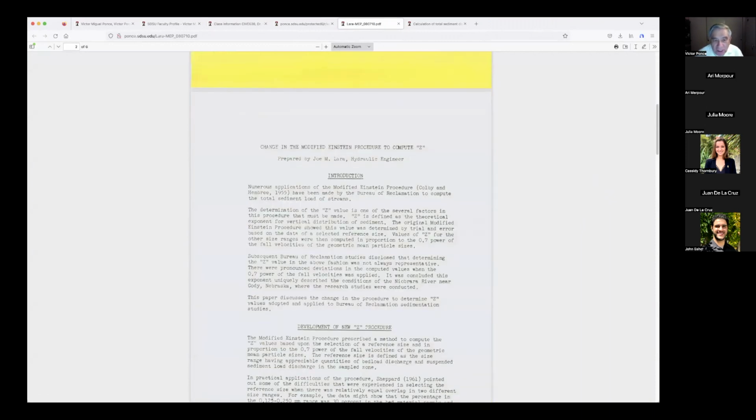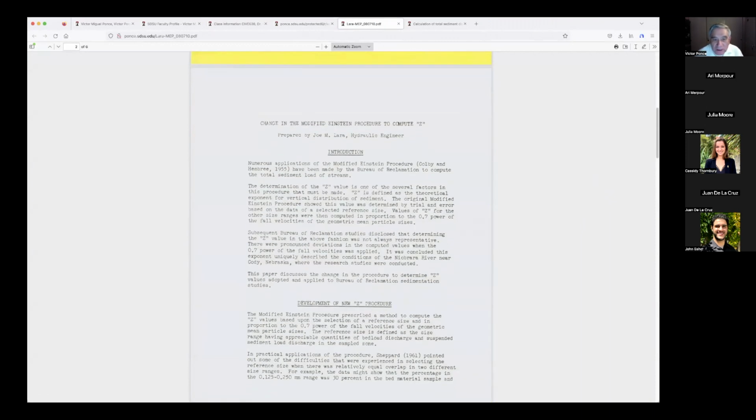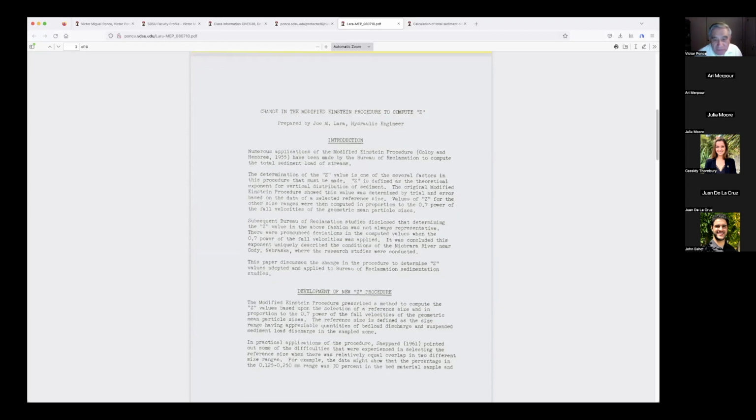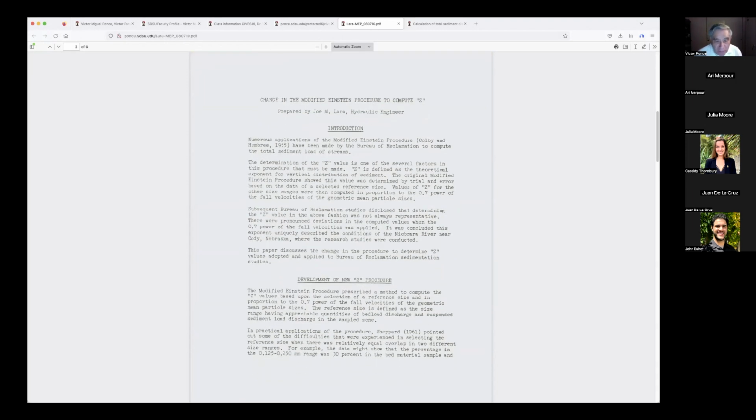This is in Denver, Colorado. I mentioned this, although this report was not authored, it says in there, prepared by Joe M. Lara, hydraulic engineer. Okay, so briefly, as Lara argues in here, determination of the Z value is one of the several factors in the procedure that must be made. Z is defined as a theoretical exponent for vertical distribution of sediment.